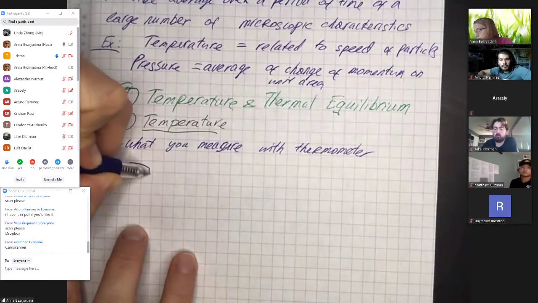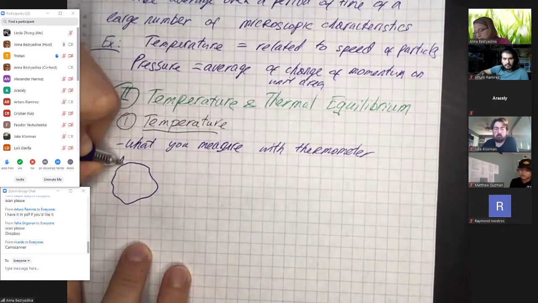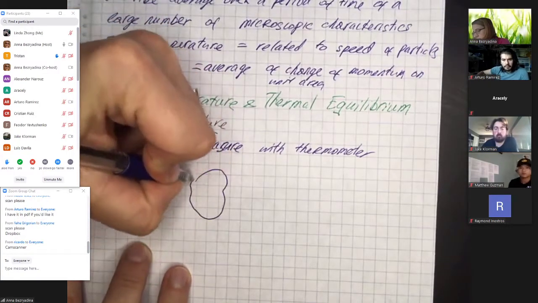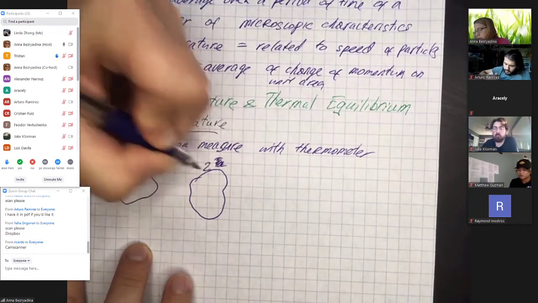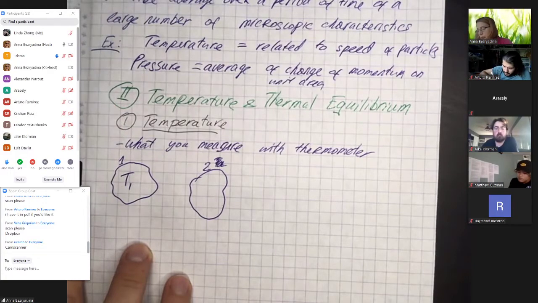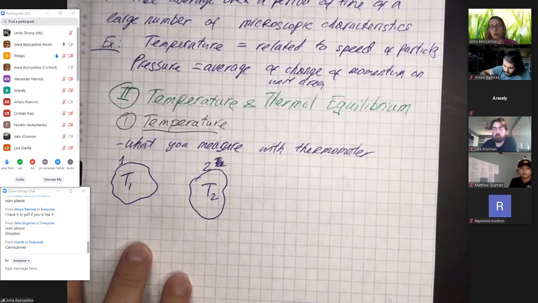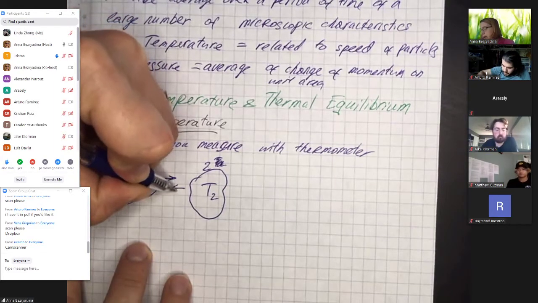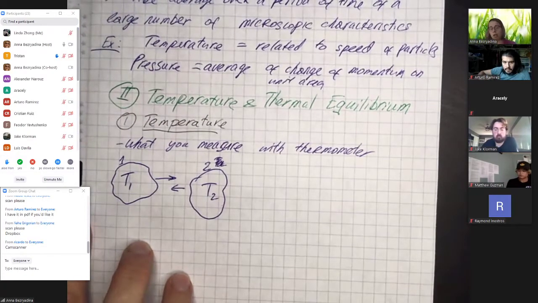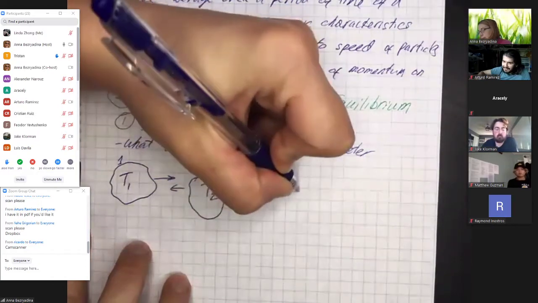So if we have object 1 and object 2, and the temperature of object 1 is T1, and object 2 has a temperature T2, and if we move them together and they touch each other, what will happen?